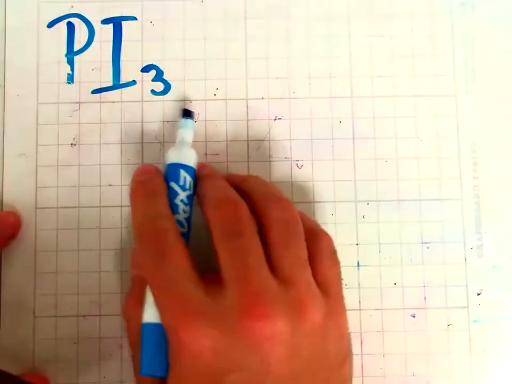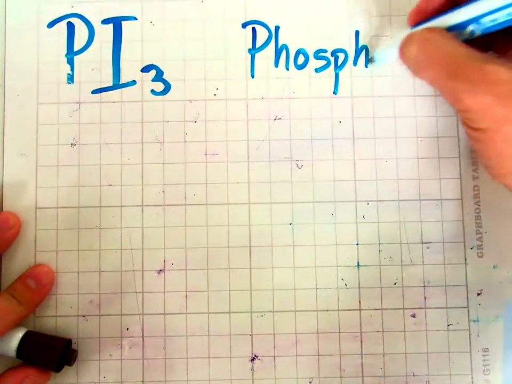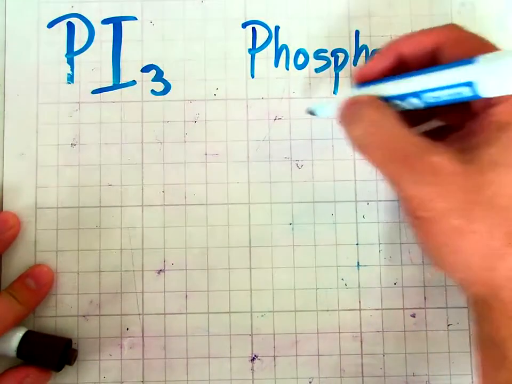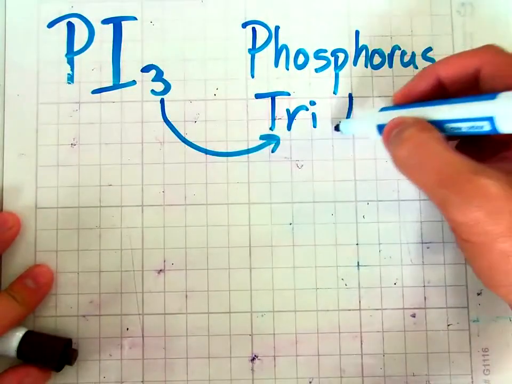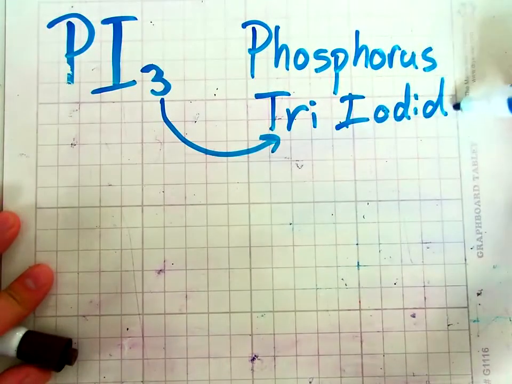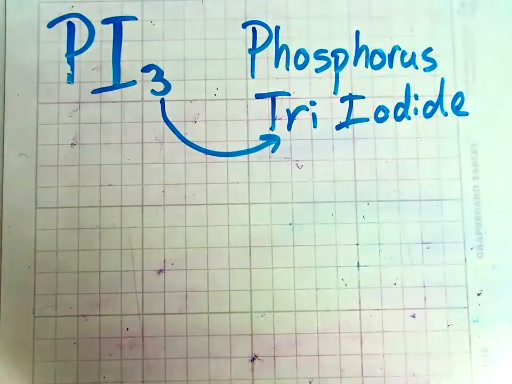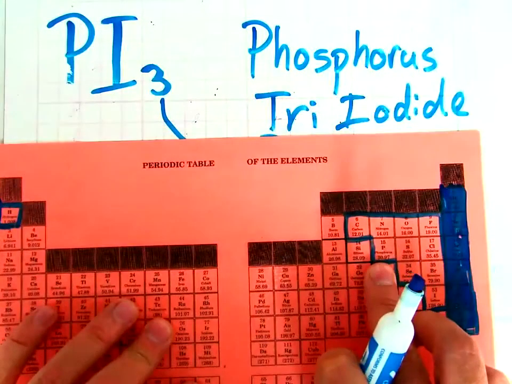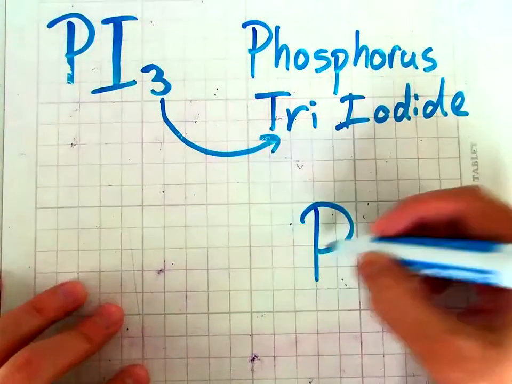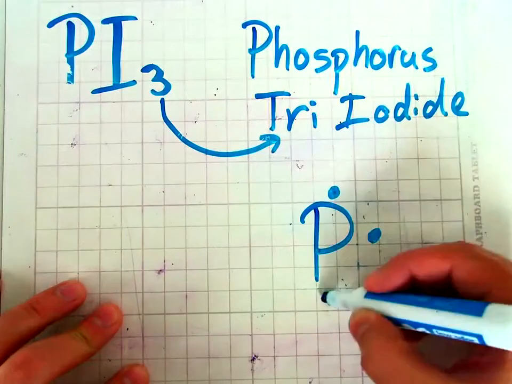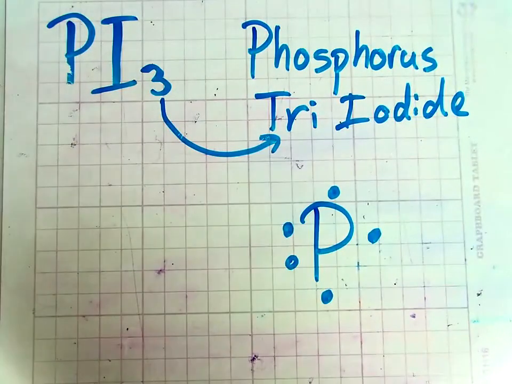So we've got PI3. This would be phosphorus tri iodide. The way that this would bond, if we take a look, phosphorus is right here. When we draw the Lewis dot diagram, phosphorus is going to have 5 valence electrons.